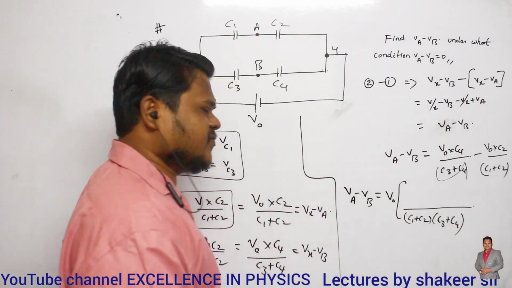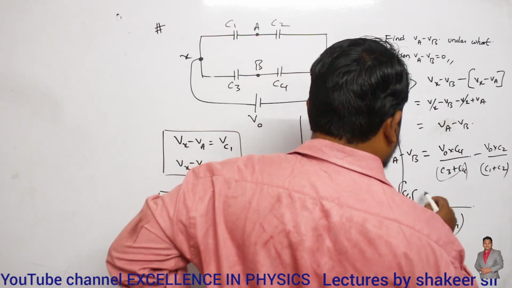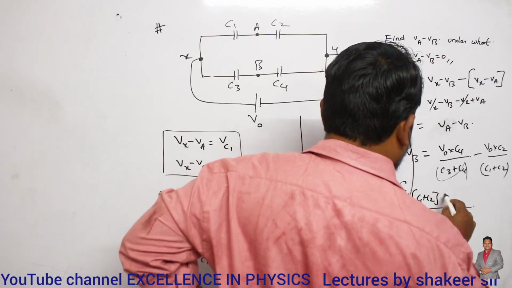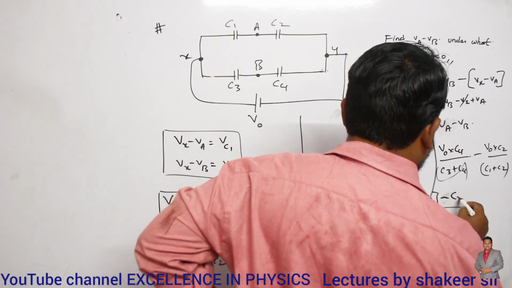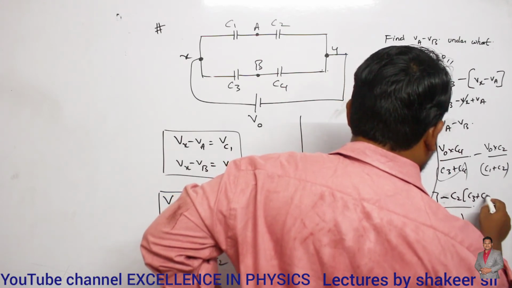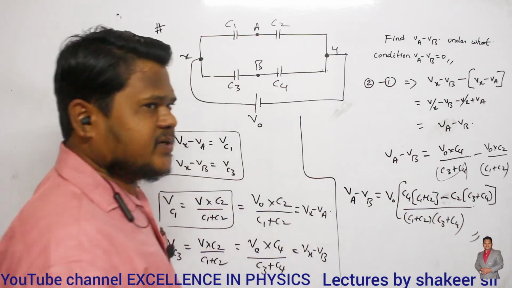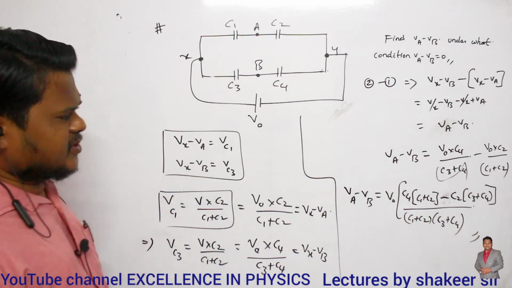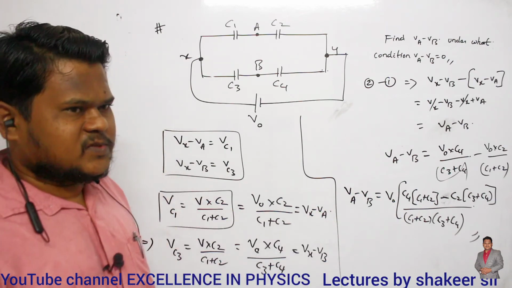So I will get C4 into C1 plus C2, minus C2 into C3 plus C4. So I got the relation up to here. First of all, make a note up to here. Then we will further simplify this.